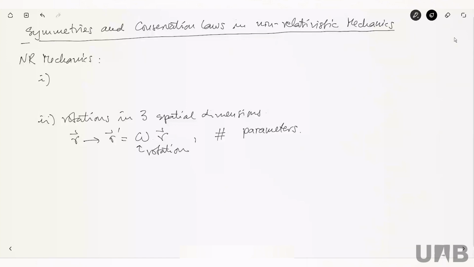I mean, the number of parameters means the number of numbers that I have to fix in order to have fixed a rotation. To define a rotation, I need a number of parameters, and this is the number that I'm asking. Is it 3? Is it 6? Or is it something else? So you said 6.